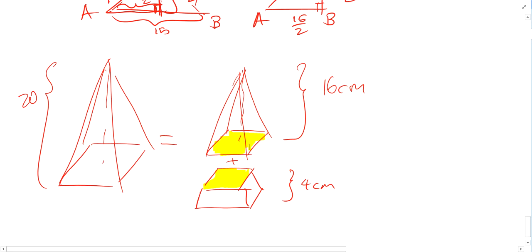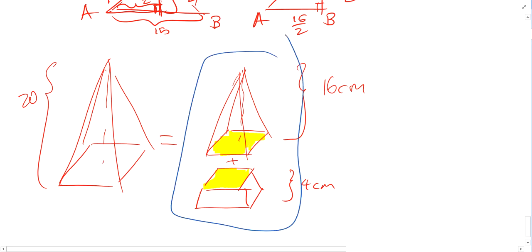So if I want to find this area, they want the top of this base, right? Because these two, when you add them up, you get this pyramid, so they must be a perfect fit. They are the same area, the two yellow ones. Okay so far?